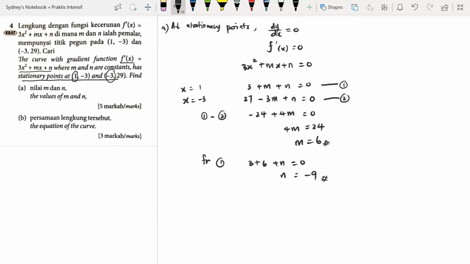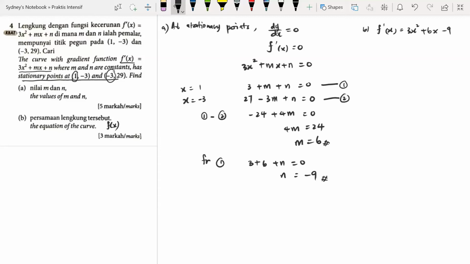Part B, we have to find the equation of the curve. All right, so we are looking for f(x). So we start from f prime x equals 3x squared, the m is 6, so plus 6x, and then minus 9.